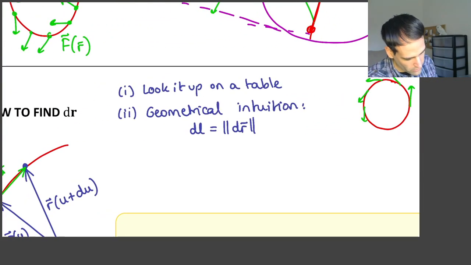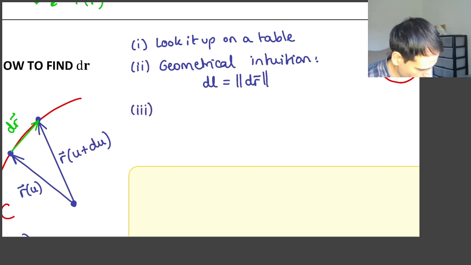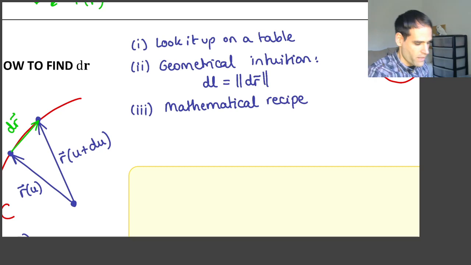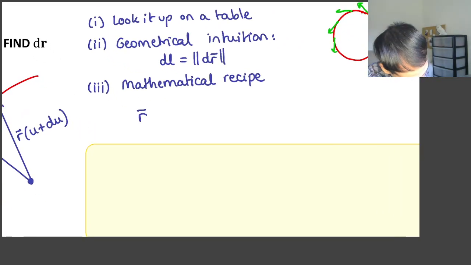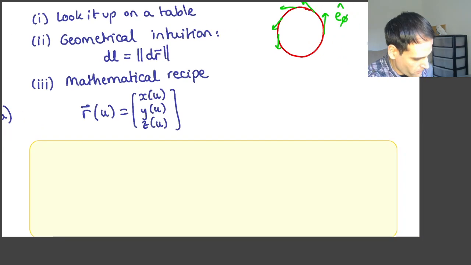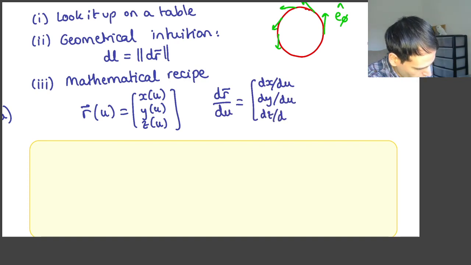Finally, if you don't like looking at the table and you don't trust doing it by geometrical intuition, you can always use the mathematical recipe, which is very simple. You start with your parametrized curve. You find the derivative with respect to u, the parameter, so this will be basically dx over du, dy over du, dz over du.